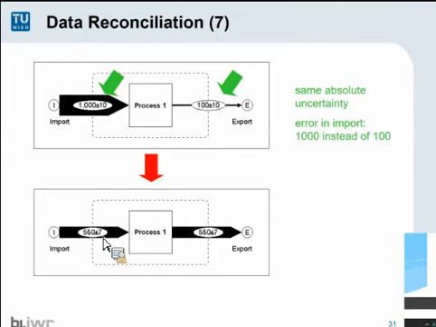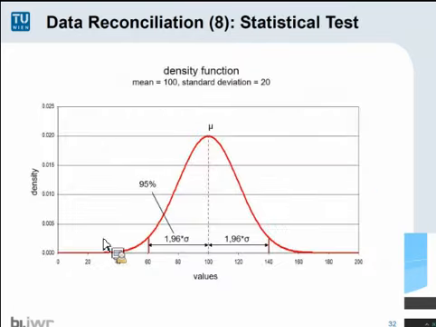And to find out these kind of problems, we have implemented in STAN a statistical test that looks like this. So let's assume this is the original given data, and after data reconciliation, you might get a value that lies here.